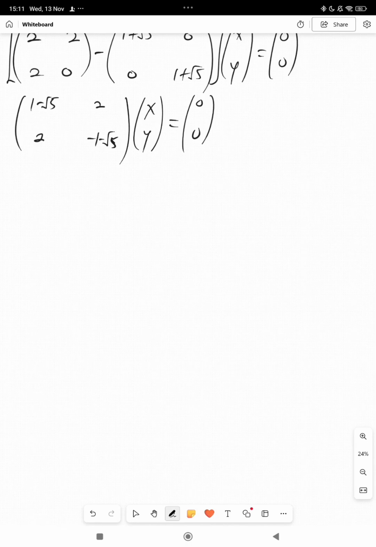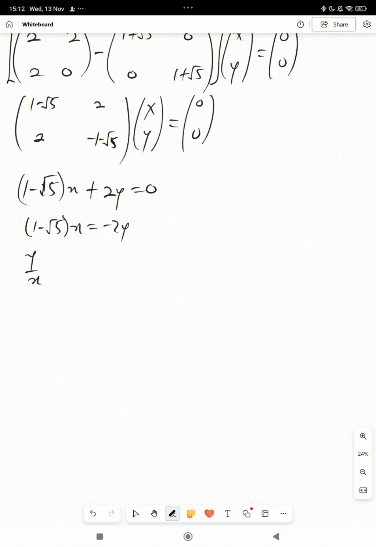Next, we use the first line: 1 minus the square root of 5, multiplying x, plus 2 times y, is equal to 0. So we have 1 minus root 5 multiplying x equal to minus 2y, and y divided by x is given by minus 1 minus the square root of 5, all divided by 2.